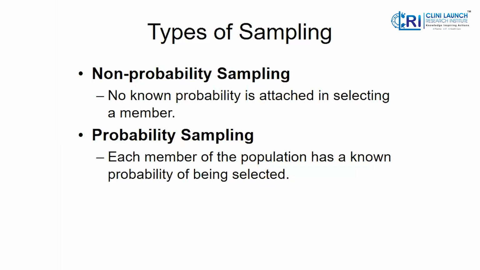But in non-probability sampling, since elements are chosen arbitrarily, there is no way to estimate the probability of any single element being included in the sample. So the basic difference between probability sampling and non-probability sampling is the probability of selecting a single item from the population into the sample.